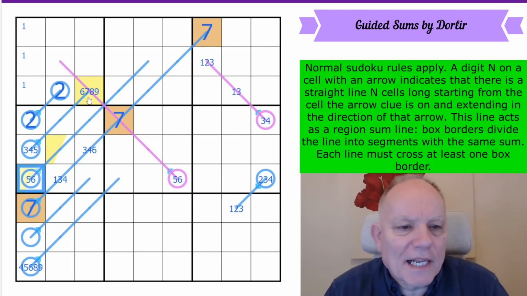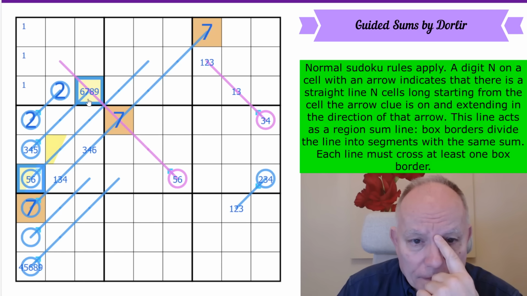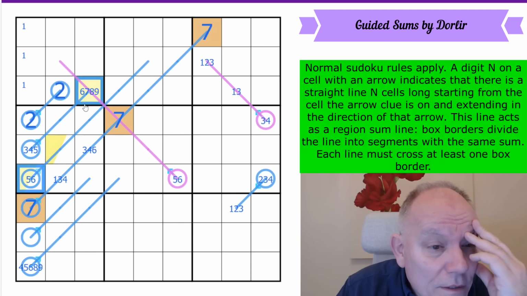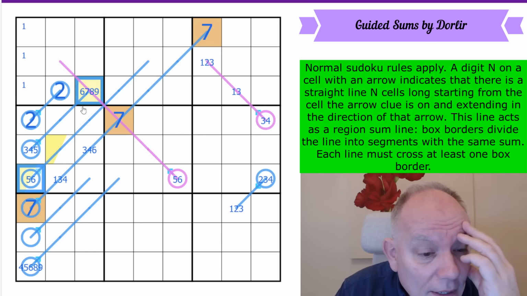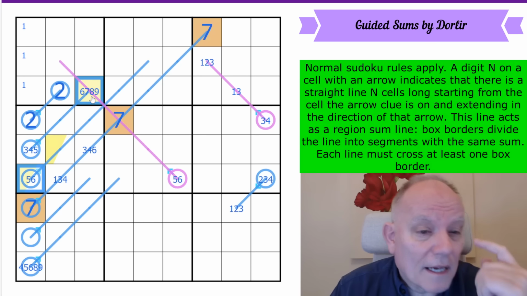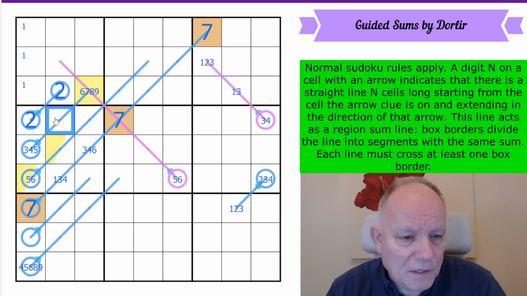If it goes here, it's clearly a 6. I don't know what that does or means, it might do something. Yeah, if that's a 6, that's a 6. This must be a 3-4 pair, and that's a 5, and this is a 1.